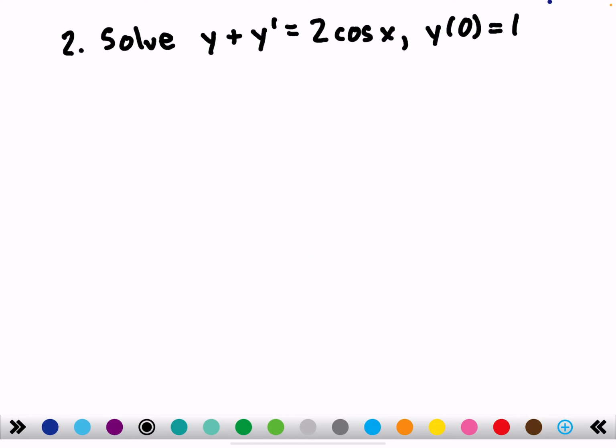Let's solve the differential equation y plus y prime equals 2 cosine x with the initial condition y of 0 equals 1.